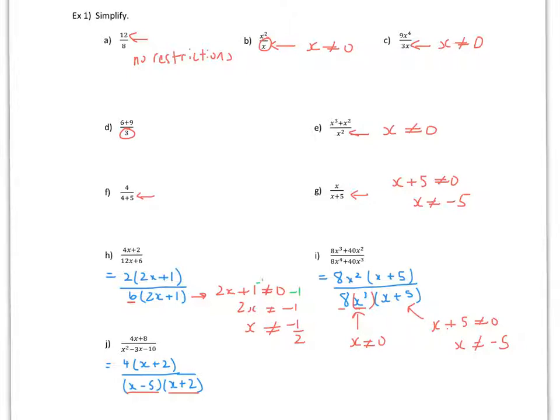So I have two restrictions coming out of here. I would have x minus 5 cannot equal 0, which means x cannot equal 5 when I solve that for x. And I also have x plus 2 cannot equal 0, which solving for x cannot equal -2. So part J actually has two restrictions on x, two values there.